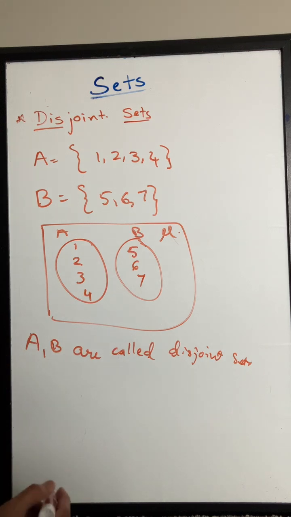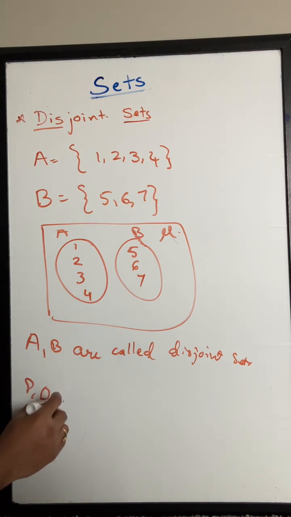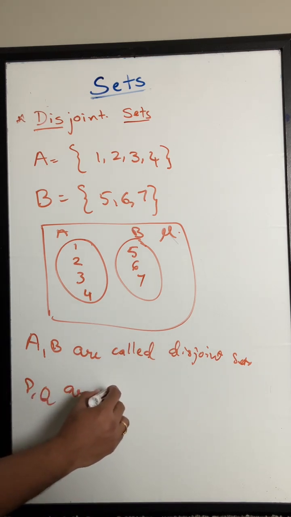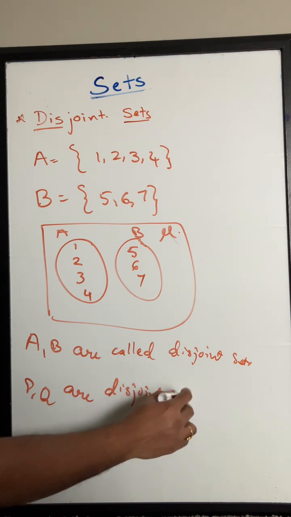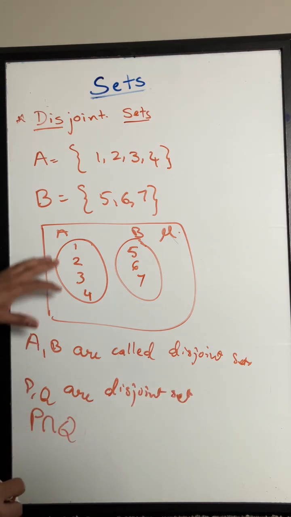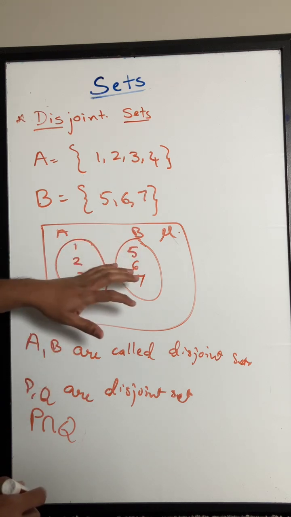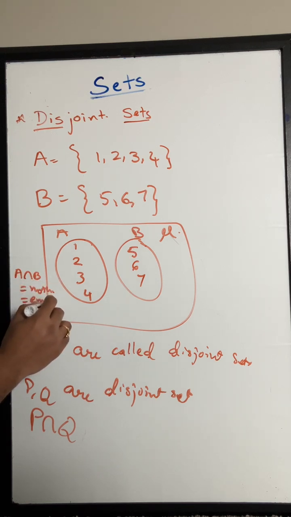But in the exam they might say P and Q are disjoint sets, what is P intersection Q? If A and B are disjoint sets, there is no common area. What is A intersection B? Nothing. Nothing means empty set, void set.